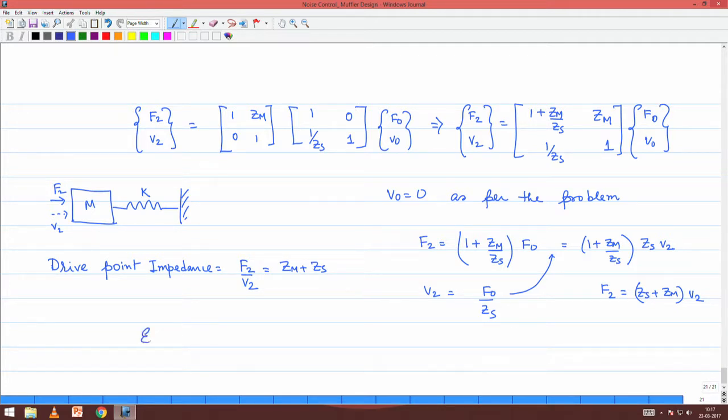So, I will leave you an exercise: prove that if drive point impedance is 0, then we have a resonance condition.